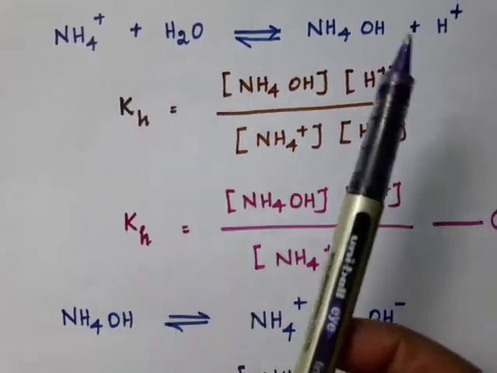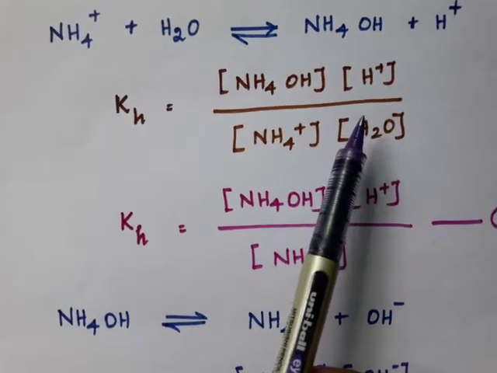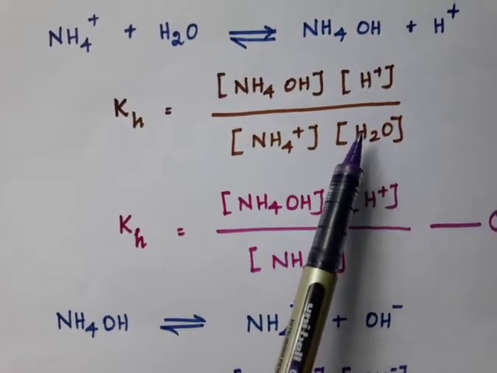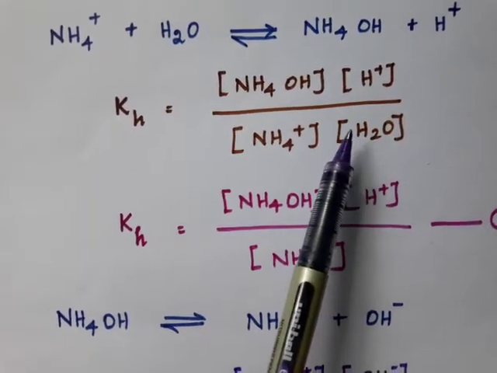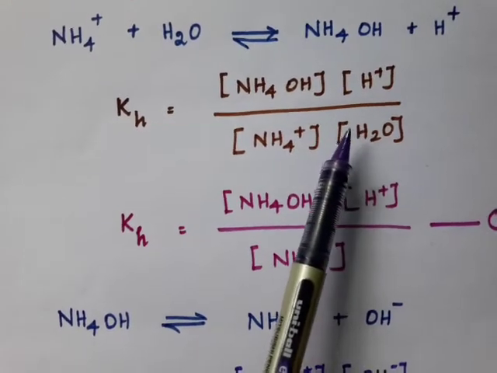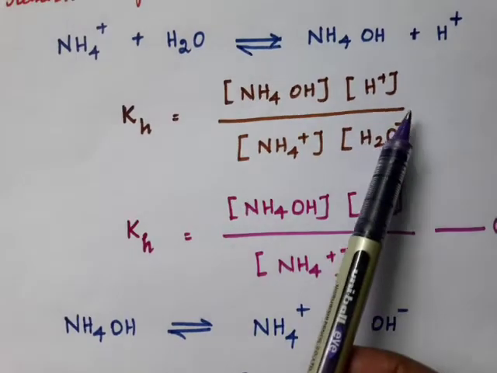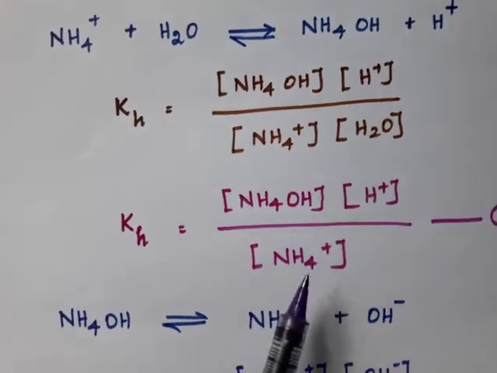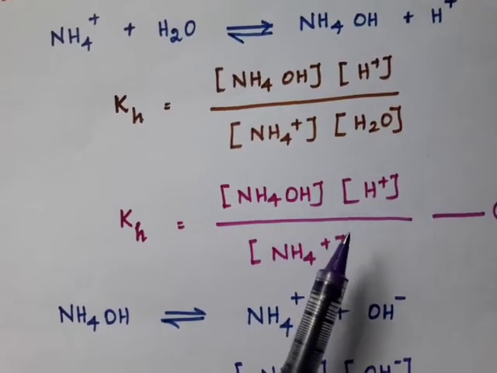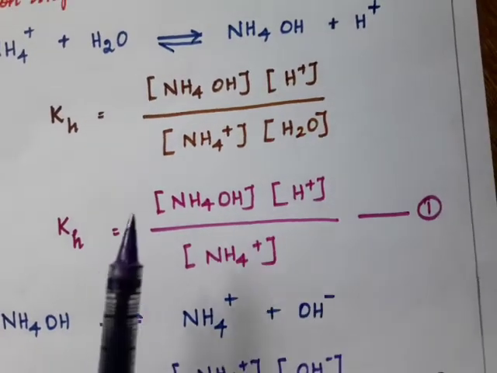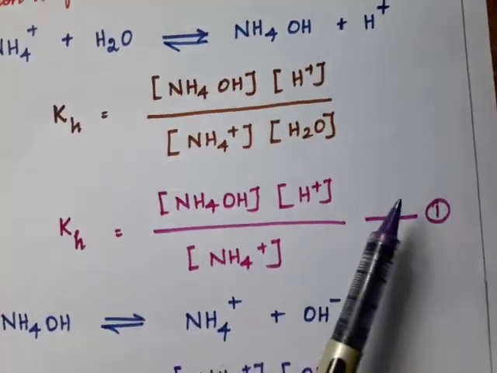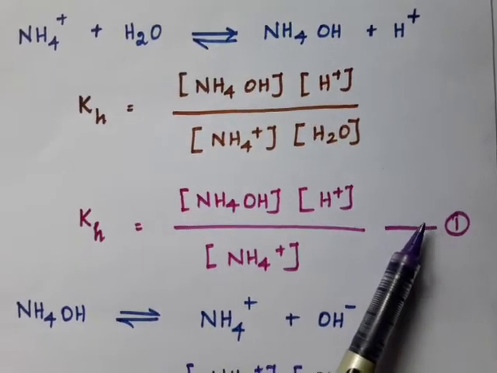So the initial concentration of water will be approximately equal to the concentration of water at equilibrium. So the concentration of water is taken as a constant, and the constant term need not be mentioned here. So let me remove the term concentration of H2O. This Kh equation is taken as equation number 1.